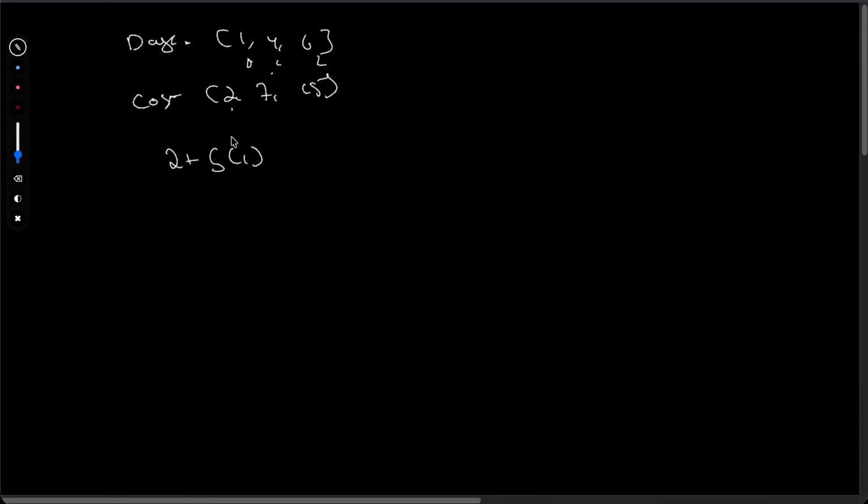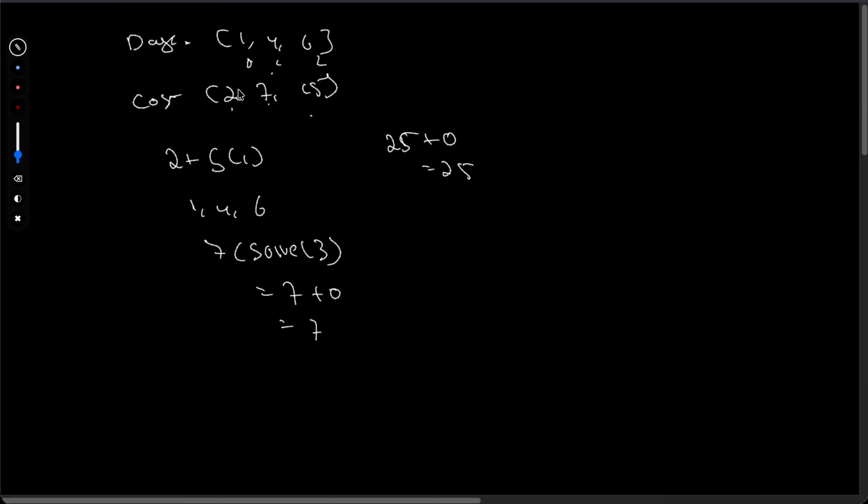If we buy a 7-day pass, it covers 1 to 7, so that covers 1, 4, 6, no days left, so 7 plus solve of 3, that is 7 plus 0 is 7. If we buy a 30-day pass, it covers all days, so 25 plus 0, 25.